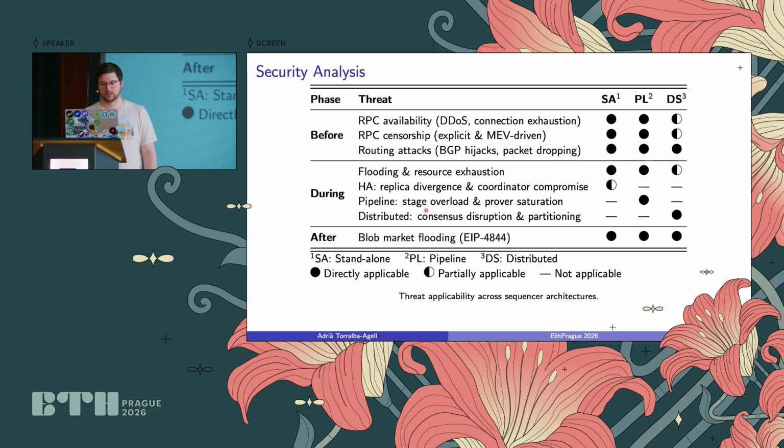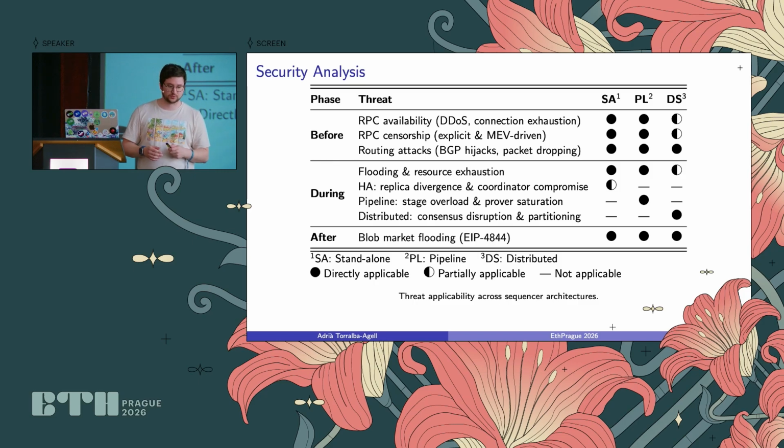On the pipeline, and only in this particular case, we also find stage overload and prover saturation. Because even though in the pipeline you have fast finality and near-instant finality, at the end of the day it is a cascade system, in the sense that if you are able to bring an actor inside the chain to a halt, you will halt the whole chain, because you don't have any other route to route the transaction.